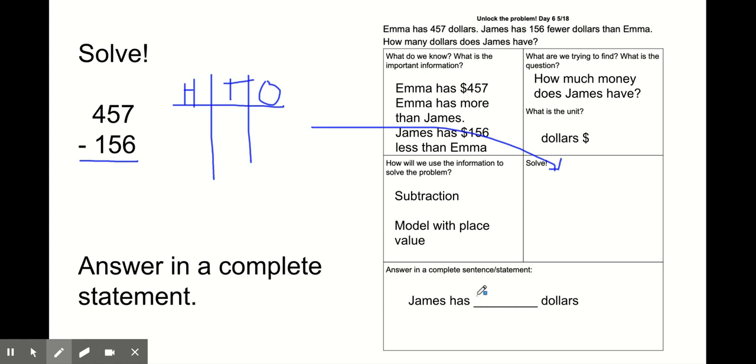Once I've finished solving, I'll put my answer to the subtraction problem in this sentence. James has blank dollars. And since it's a sentence, I need to put a period at the end. Once you finish this work, make sure that you take a picture and send it to your teacher.